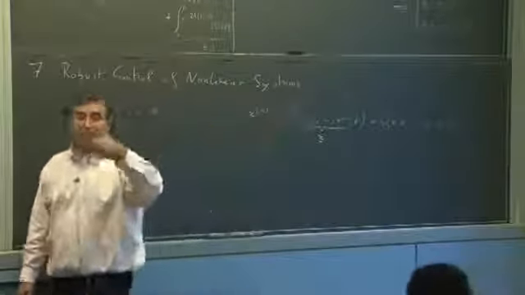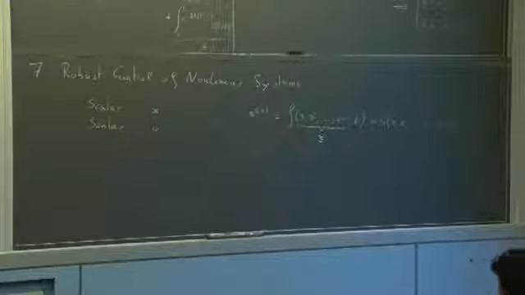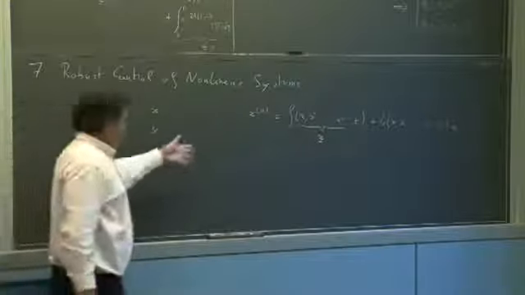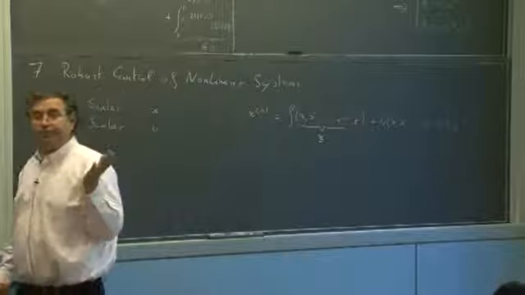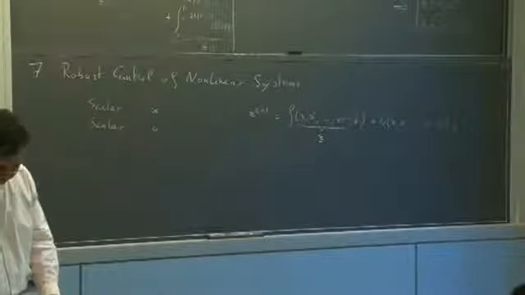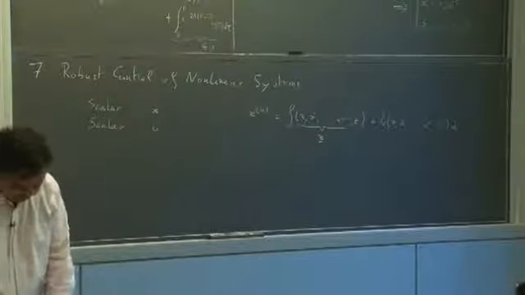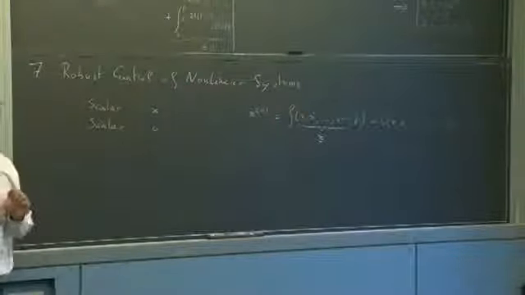F equal ma, you can add motor dynamics, it will still look like this. N-dimensional versions, rigid robots, aircraft, spacecraft, lots of things are going to look immediately like this.